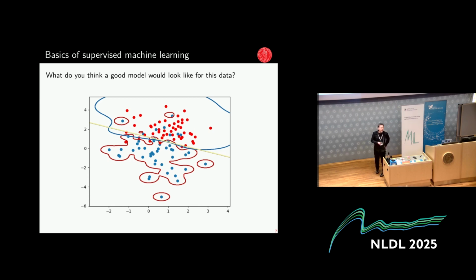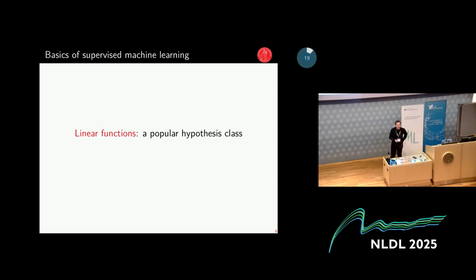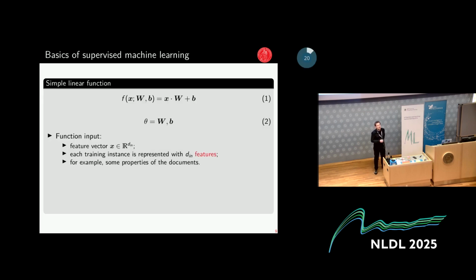Or we can decide that we are fine with a model which defines a decision boundary, which is basically just a straight line, like this yellow line, right? And this is the simplest, the most straightforward hypothesis class for supervised machine learning. So a hypothesis that we can separate classes using a linear function, right? It's very simple, it's very straightforward, and it's often enough to solve a practical task at hand.